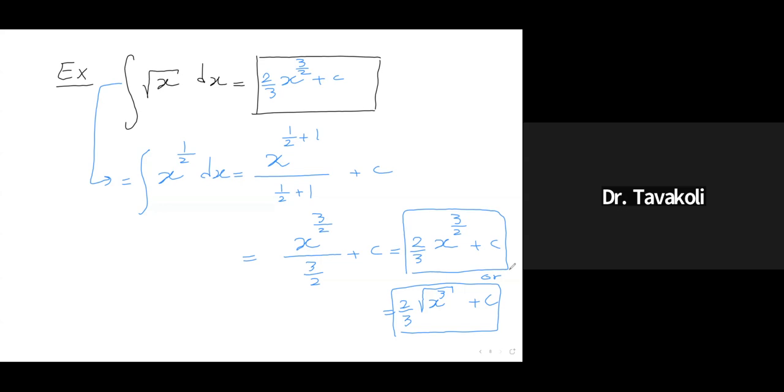Now let me give a definite integral example for the same function. Please try that on your own and let me come up with an answer, in fact, with a number. The integral from 1 to 4 of radical x dx.